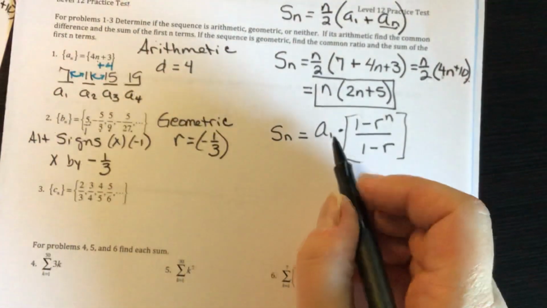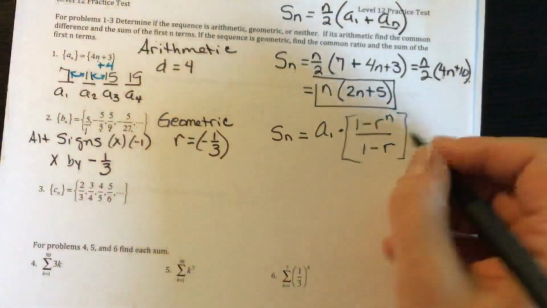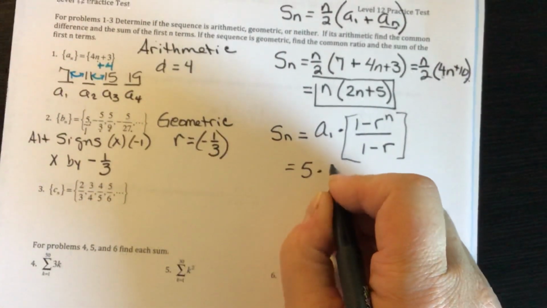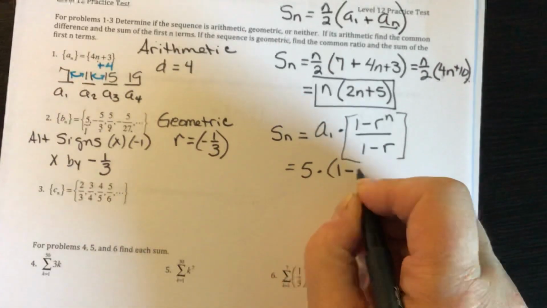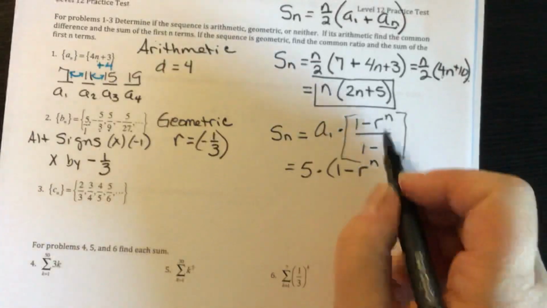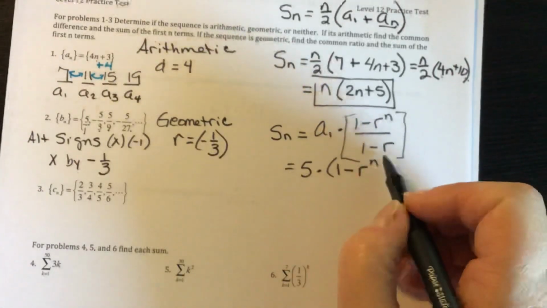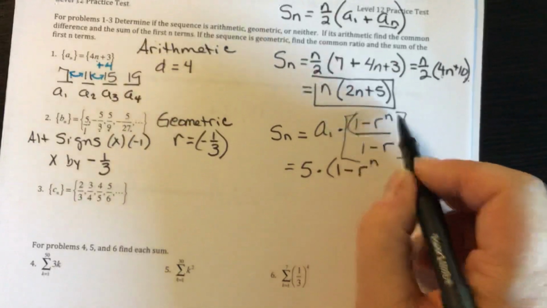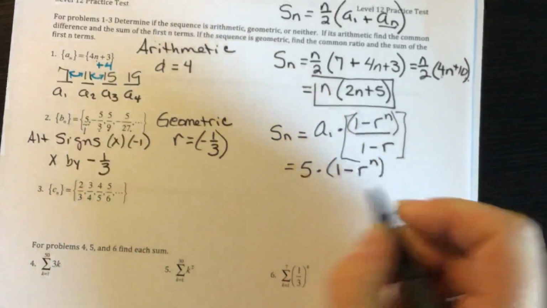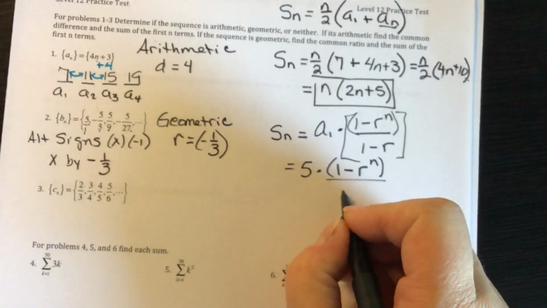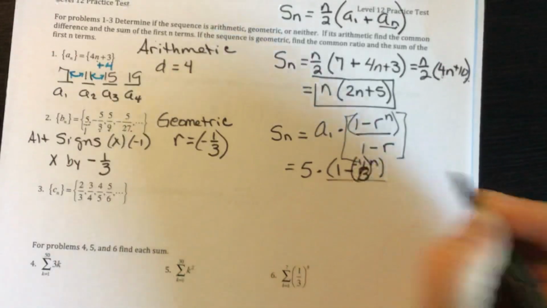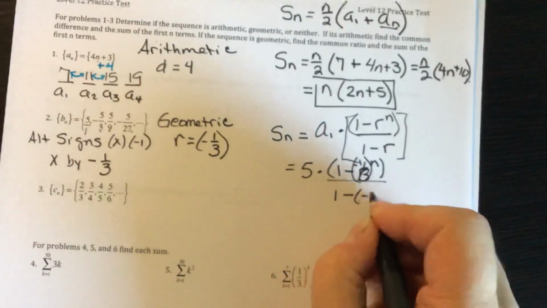If I plug in what I know, the first term is 5, and then I have 1 minus r to the n, and I'm putting this in parentheses because this is a fraction and this is a factor of that fraction. So 1 minus r to the n over, and that r is negative 1/3 to the n, over 1 minus negative 1/3.